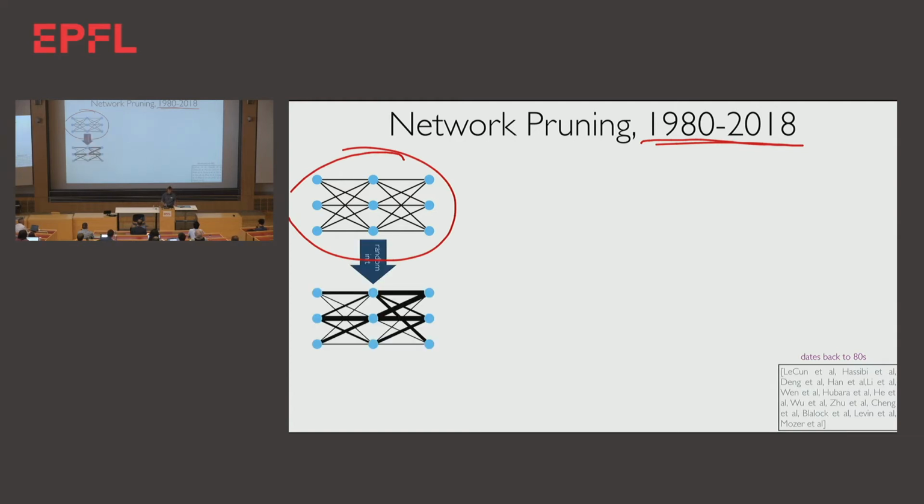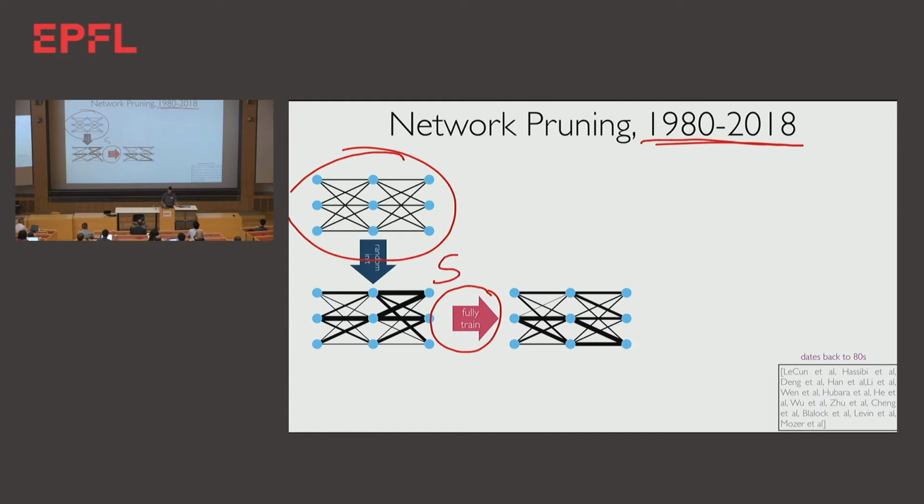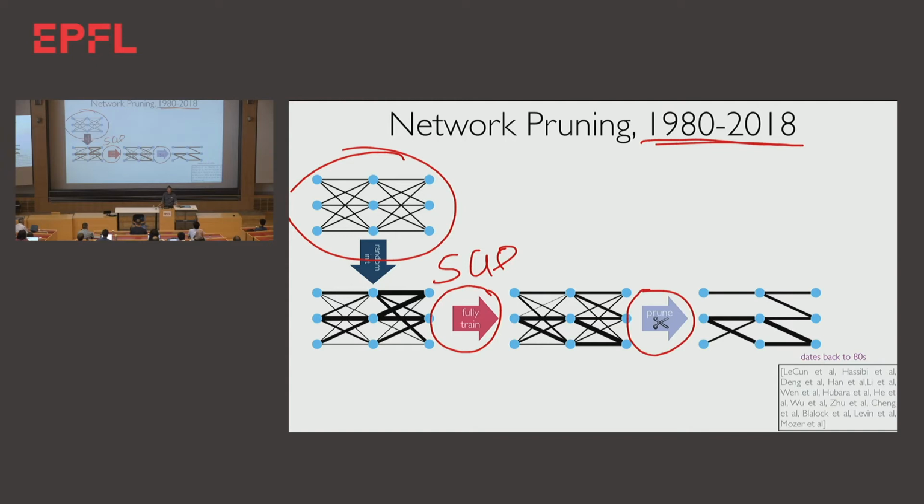You randomly initialize the weights, Gaussian weights, let's say, whatever you want. You run SGD to full accuracy, so until you fit all the labels, okay? But then this model is still dense. So what do you do? You say, okay, I'm just going to throw away a few of those weights. How do I do it? There are many different ways. One classic way is just looking at the absolute values and saying, I'll just throw away per layer the bottom, let's say, 20% of the weights, okay?